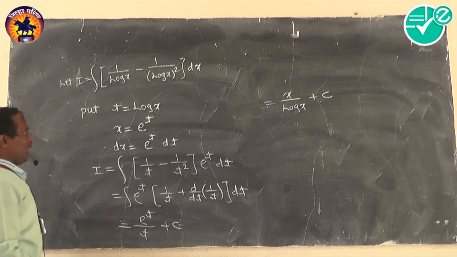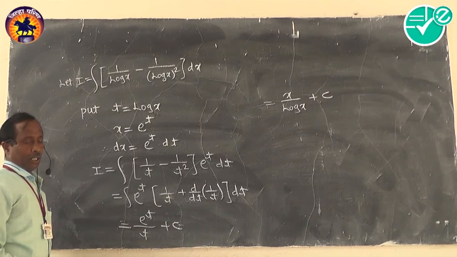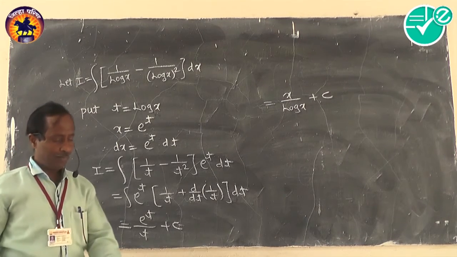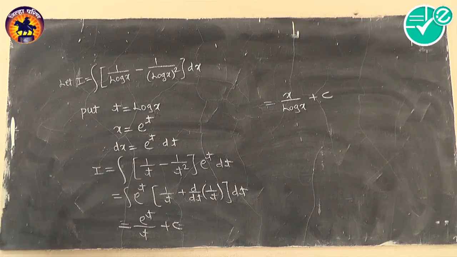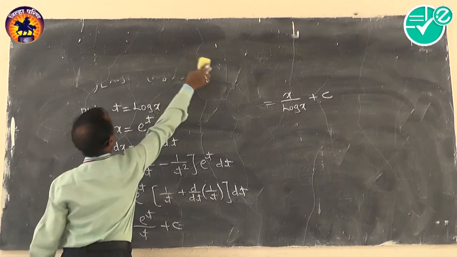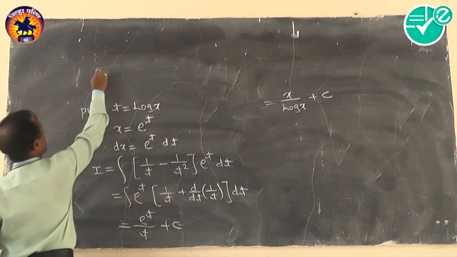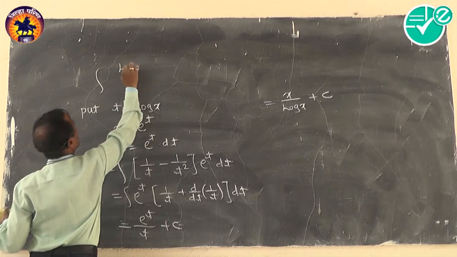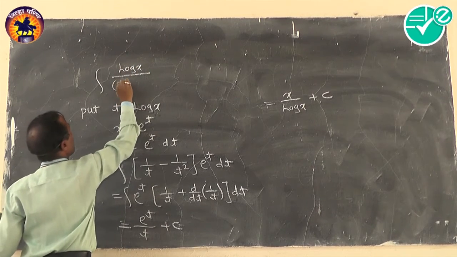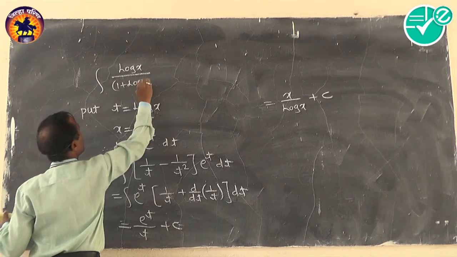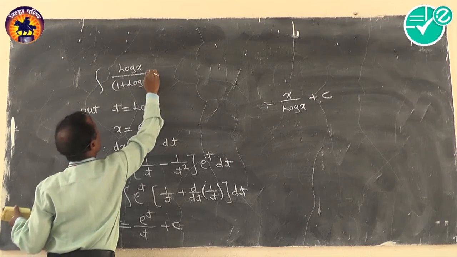Now we are going to take the next type of example. So the substitution is the same for the next type of example. Integral of log x upon (1 plus log x) bracket square dx.